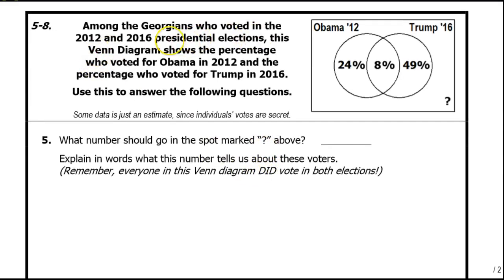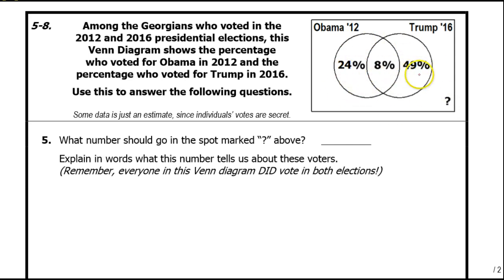Among the Georgians who voted in the 2012 and 2016 presidential elections, this Venn diagram shows the percentage who voted for Obama in 2012 and the percentage who voted for Trump in 2016. What number should go in the spot marked question mark above? Well, this would be the leftover percentage, and the total percentage is always going to be 100%.